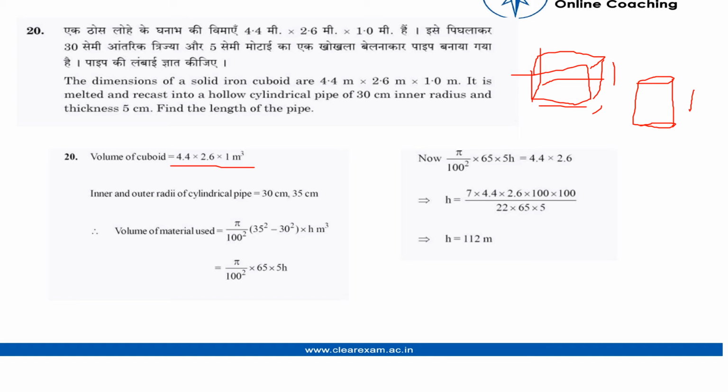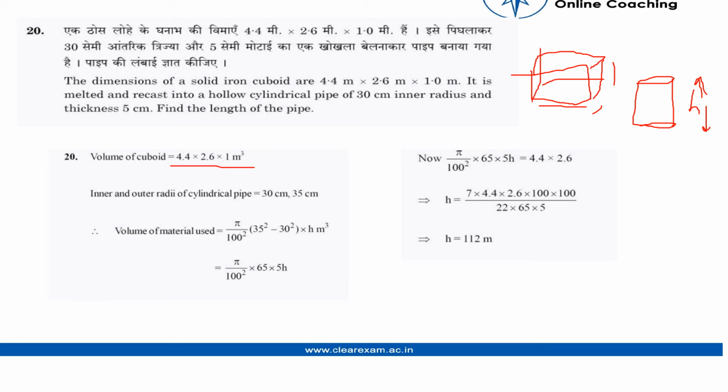We have not been given the height of the cylinder, we need to find it. For finding the height, we need the volume of the cylinder, which is equal to the volume of the cuboid. So we can use the formula for the volume of a cylinder, which is pi r square h.